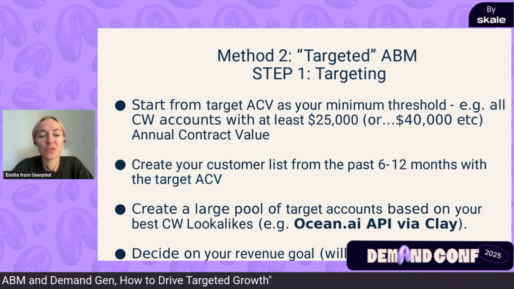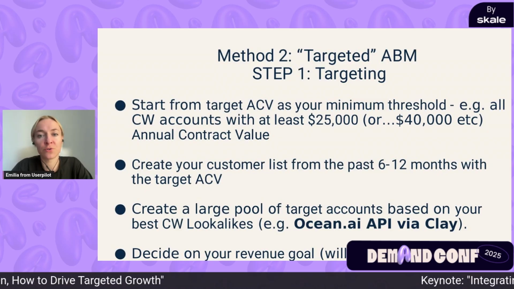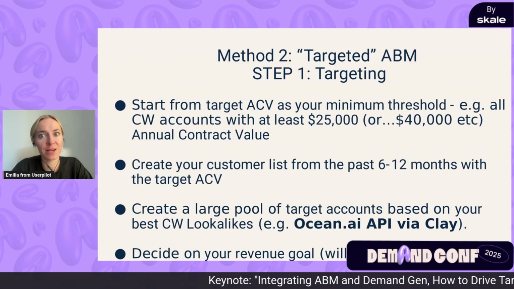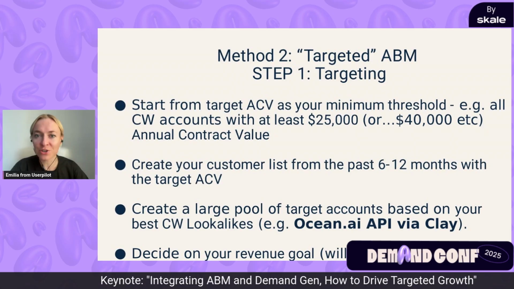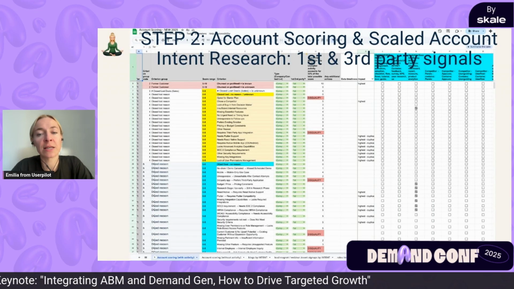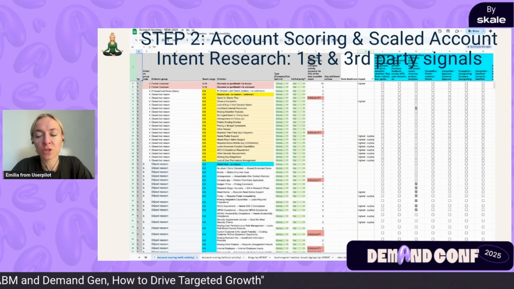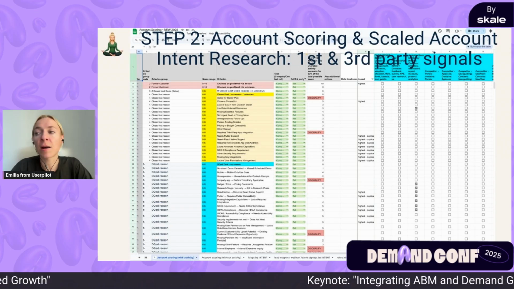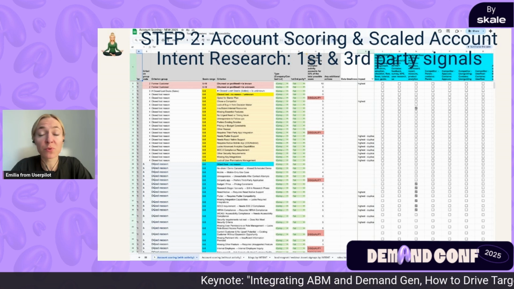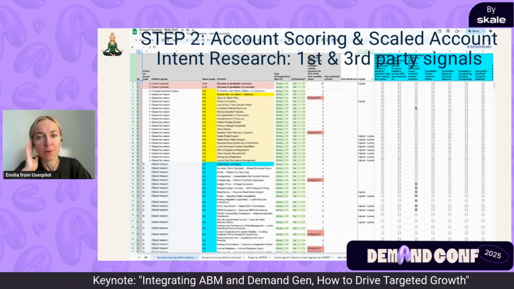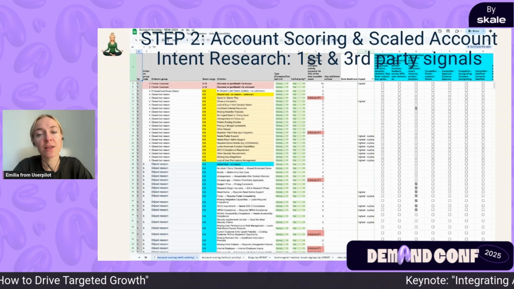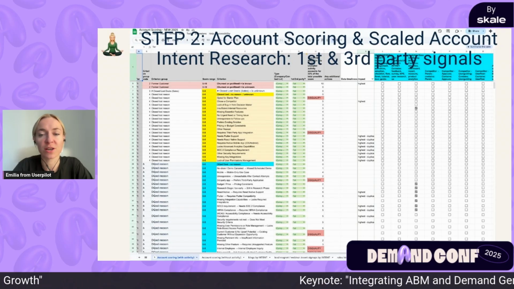Okay, and once you have created your list, you decide on your revenue goal, and this in turn will inform your goals. So you will know how many accounts you need to close, and then you can reverse engineer from there and basically realize how many deals you need to create, how many pre-ops, so demos you need to generate, how many then people you need to drive to your landing pages from the ads, and with your basically conversion rate from the landing pages that you're using, you will know how many you need to have at the top of the funnel.